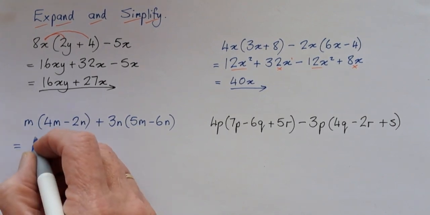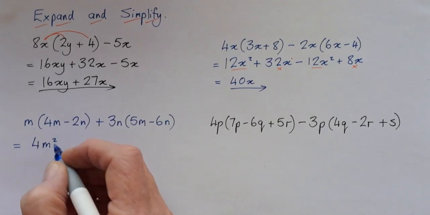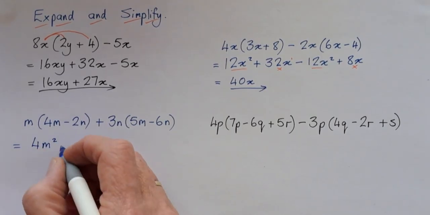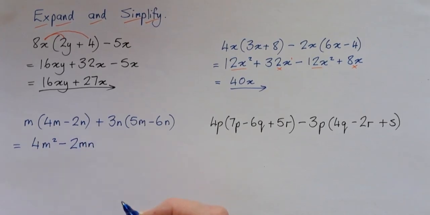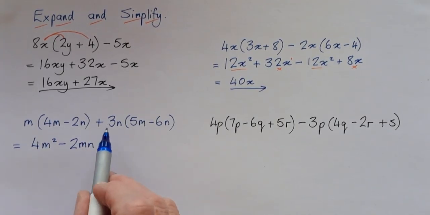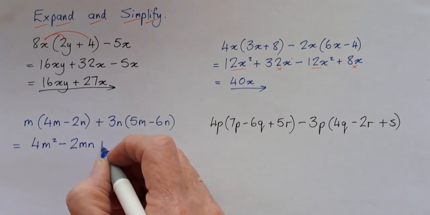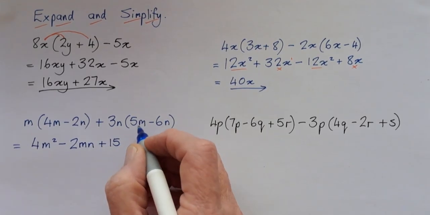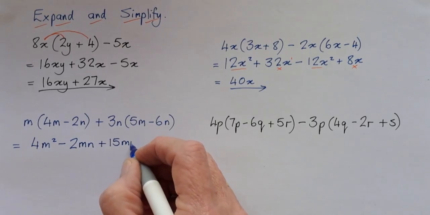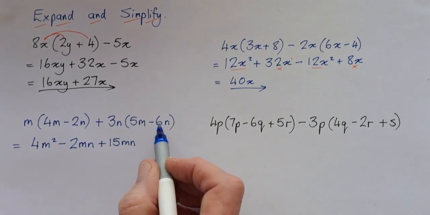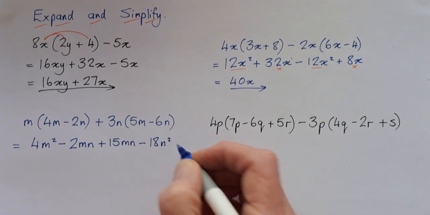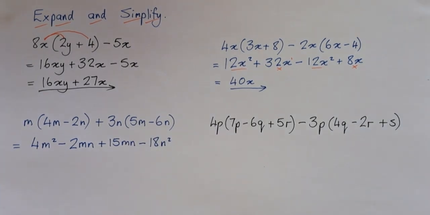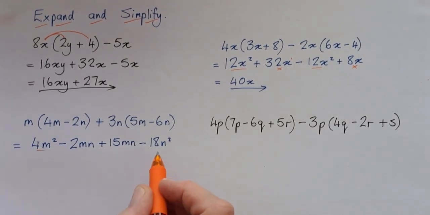So m times 4m, m times negative 2n, and then remember we always write letters in alphabetical order just for easier brain processing. 3n times 5m, so I've got plus 15, and I'm going to write it as mn, and then that term times that is going to give me negative 18n squared.